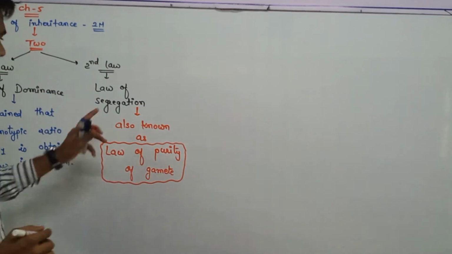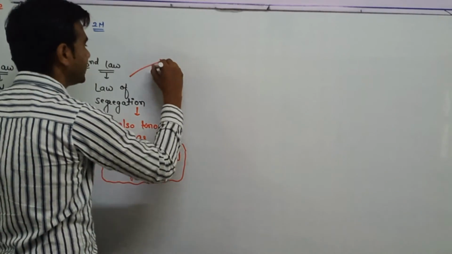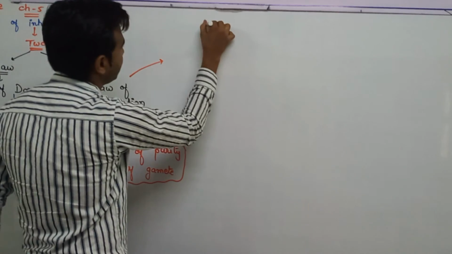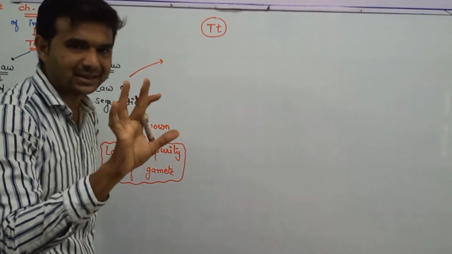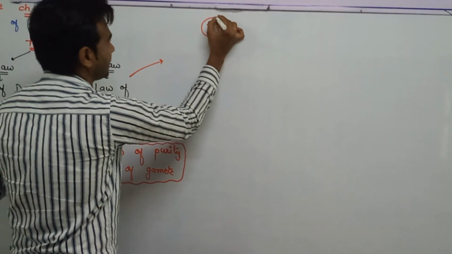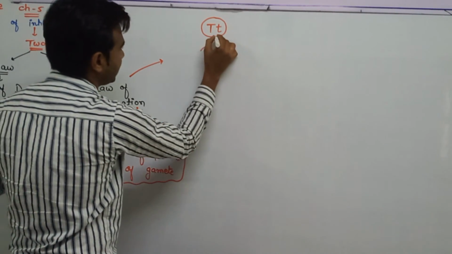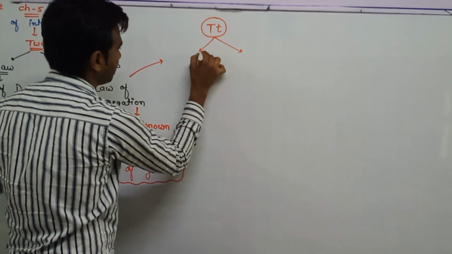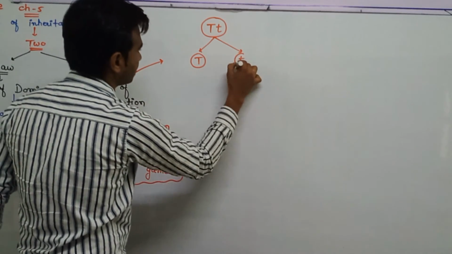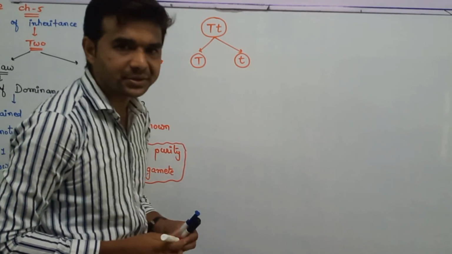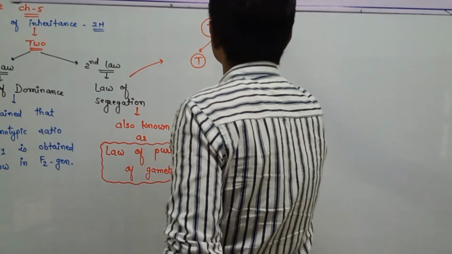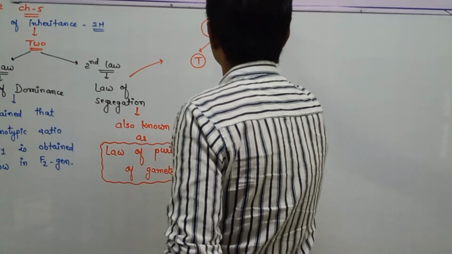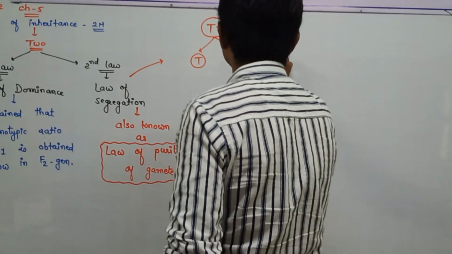Let me clear this. For the law of segregation, you select one plant, capital T and small t. We can't consider the phenotype here, fine? So this produces the gametes, two gametes. So this is the plant, fine? And these are the gametes.